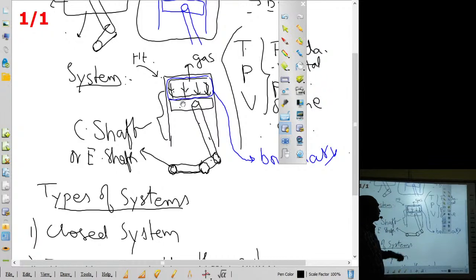But energy is transferred from the gas to the piston to the connecting rod and so on. Now you can see that the energy is coming out of the boundary. So that is the example for a closed system. So if somebody is asking you, give me an example for a closed system, then the answer is that a gas inside a piston cylinder arrangement is a good example for a closed system.